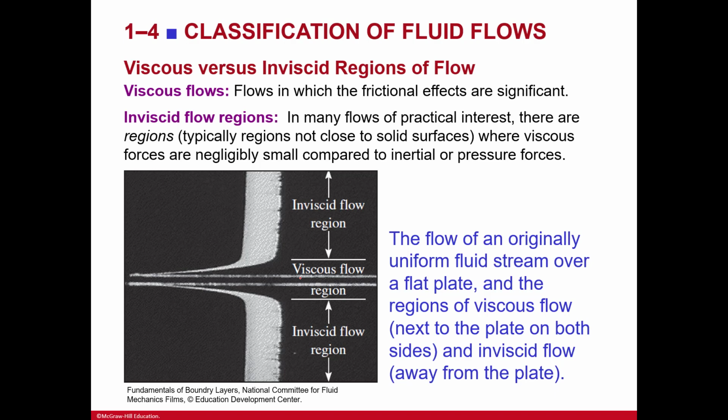So viscous flow, that's going to be that no slip. Not completely, right? Because right here is where we're going to have the no slip. That's where it's going to stick to the surface.